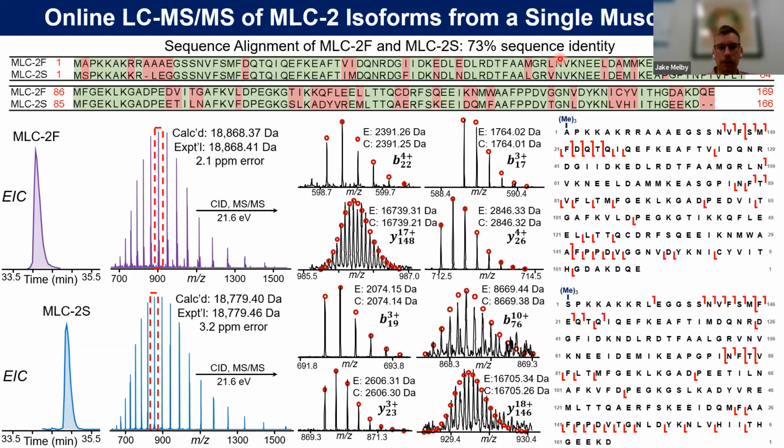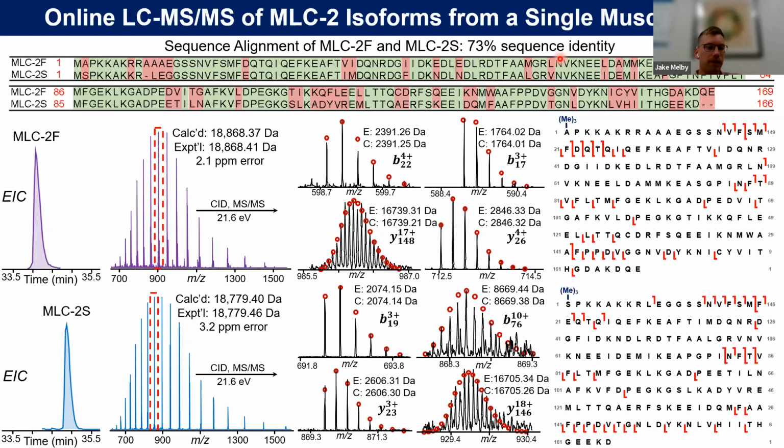With bottom-up proteomics, you need several confidently identified tryptic peptides or other types of peptides in order to get confident protein identifications. I haven't gone through the computations, but obviously these are two very highly homologous proteins.